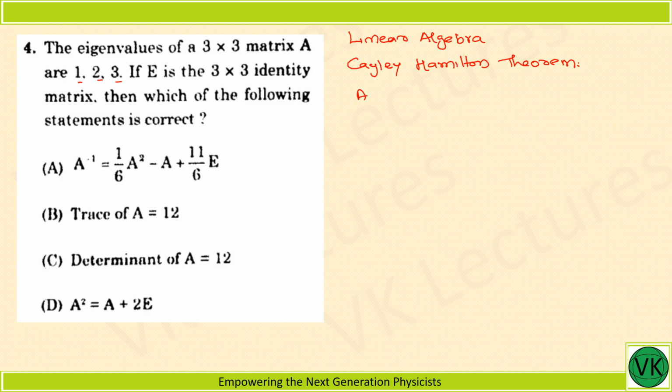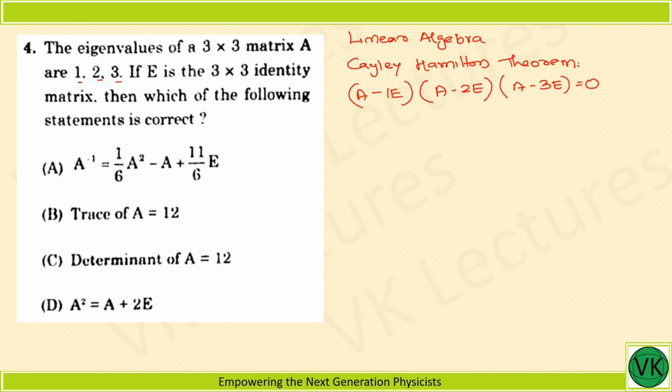characteristic equation: A minus lambda times I, where lambda is 1, so A minus 1 E, that is the identity matrix, into A minus 2E into A minus 3E equal to 0.